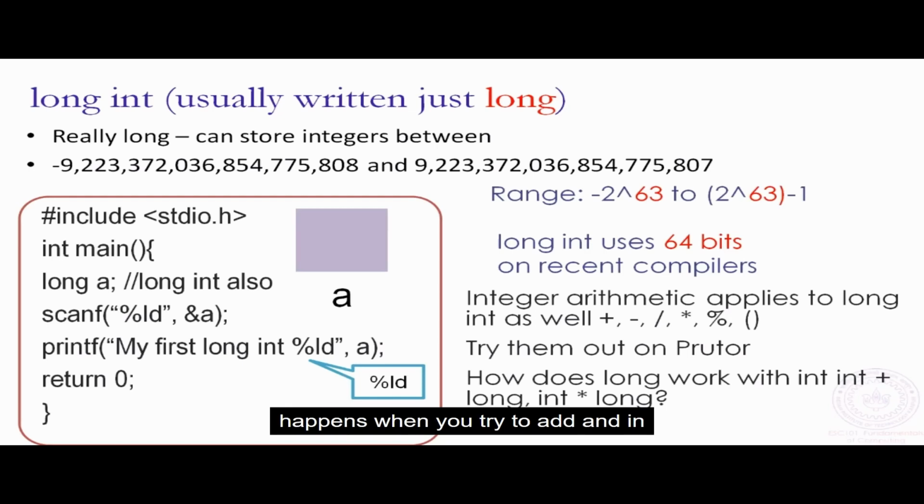What happens when you try to add an int to a long, or when you try to multiply an int to a long? So when you do this, what happens is something called implicit typecasting. And this can be a little bit complex. It has some rules that you have to remember. And we will talk about typecasting, both explicit and implicit, in a different video, but not here.